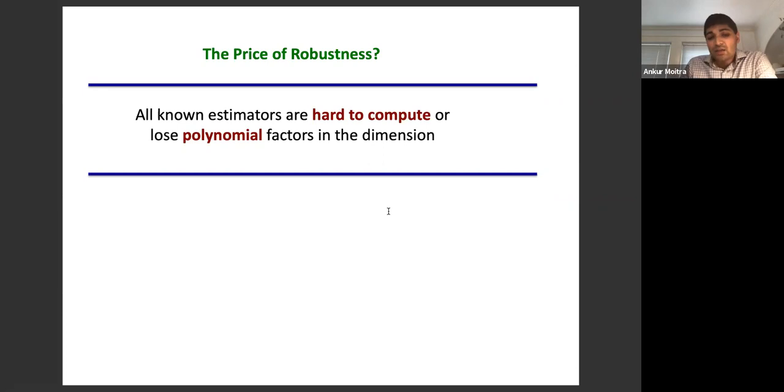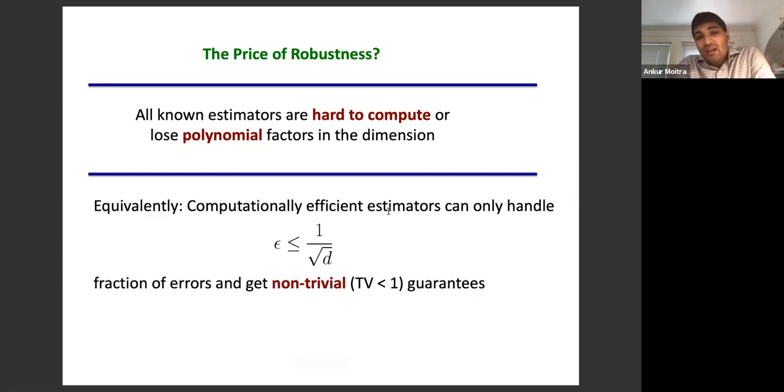Now, why is this such a horrible guarantee? It is because the total variation distance between two distributions is only ever at most 1. So we only get non-trivial guarantees on how well we can estimate in the face of corruptions if the fraction of corruptions is decaying at an inverse polynomial rate.